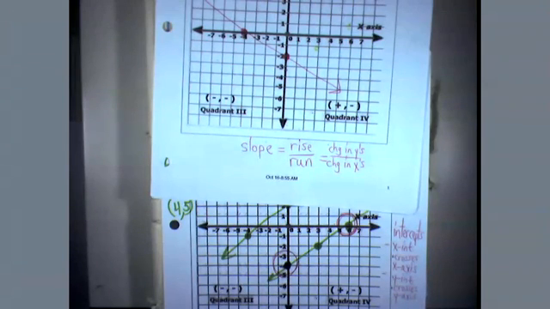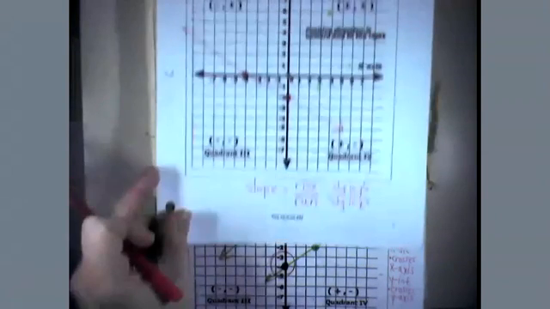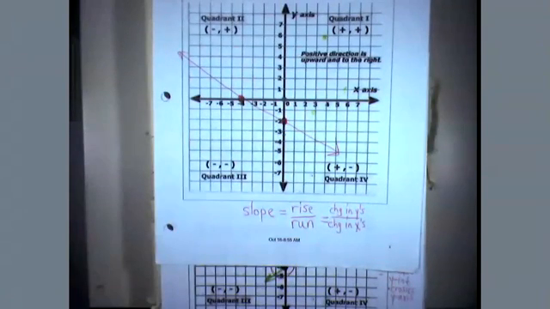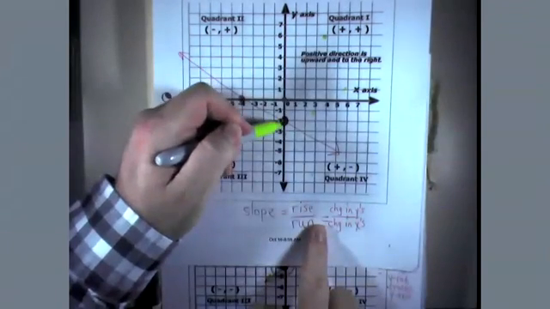So let's look at this last line we just did. You can go from one point to the other point, from one intercept to the other intercept, to find the slope. So right here, I'm just going to start here at 0, -2.